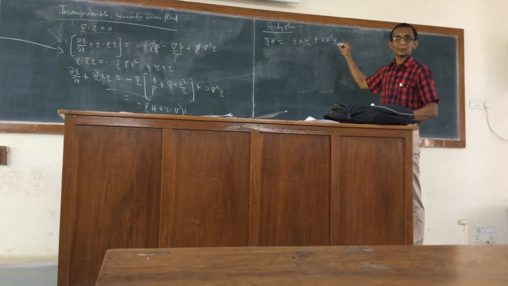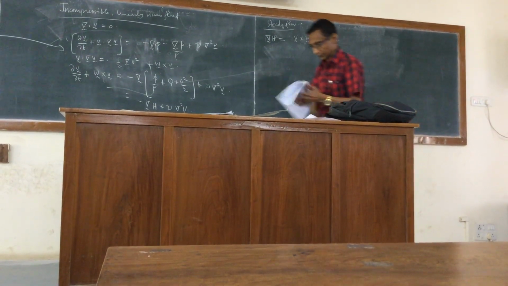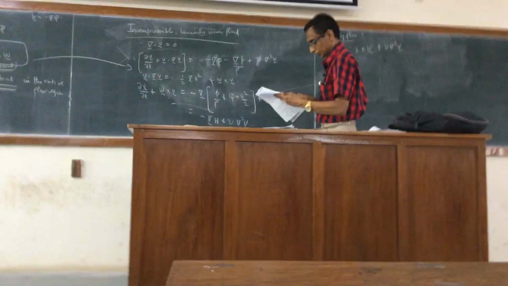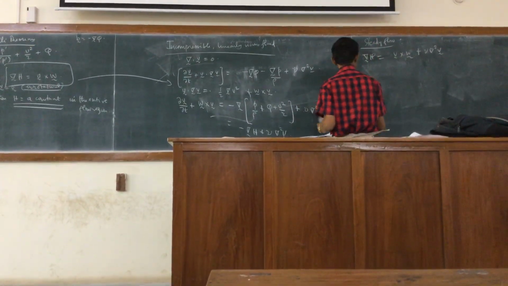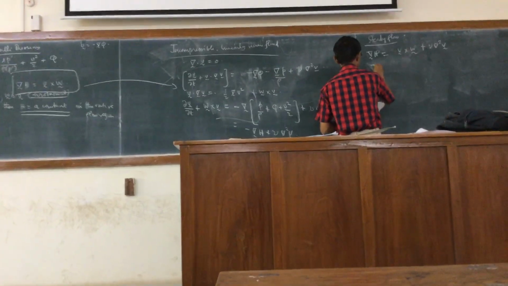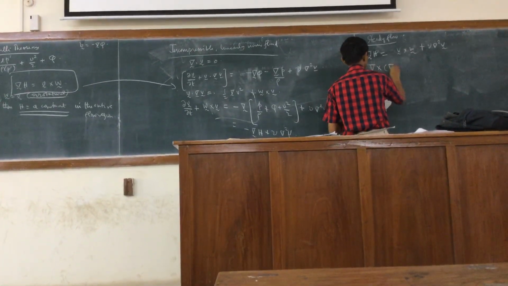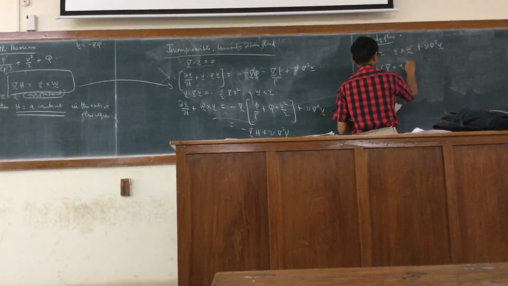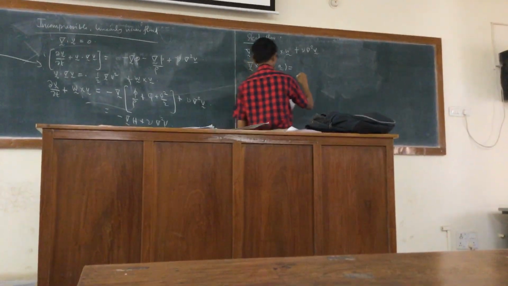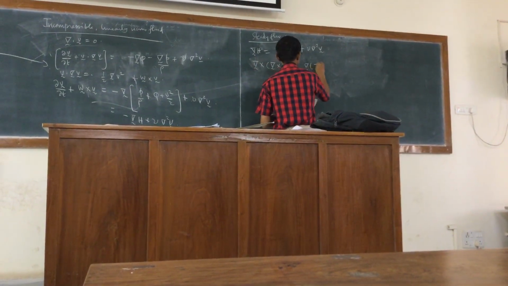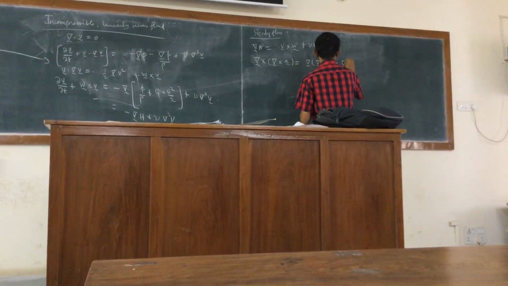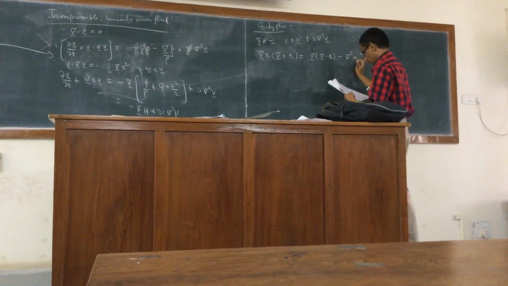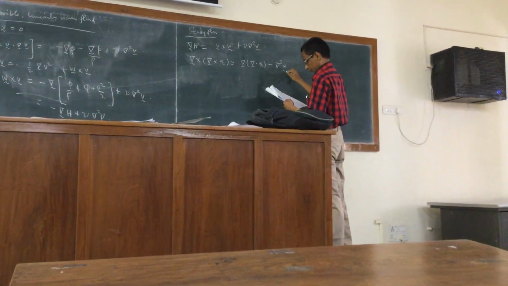It's a bit difficult to interpret directly, so I am going to use another vector identity which is given in Aris, and that is, for any vector A, the curl of the curl of the vector A is equal to the gradient of the divergence of the vector minus the Laplacian of the vector.